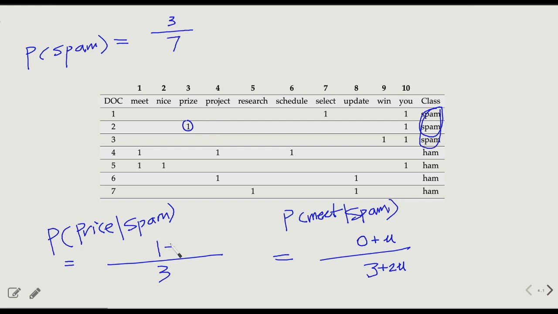We are going to do the same thing for all the other probability values as well. This is one way to smooth the probabilities and to avoid 0 values. So this is the Laplace estimator.